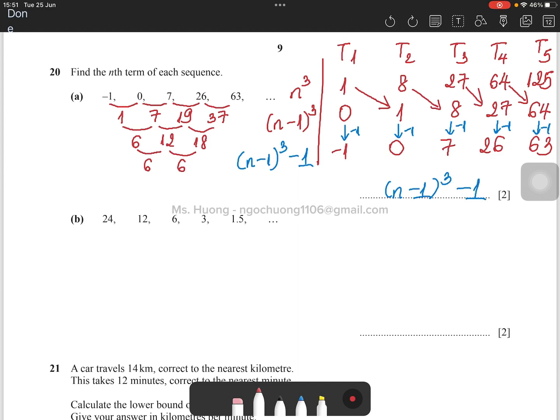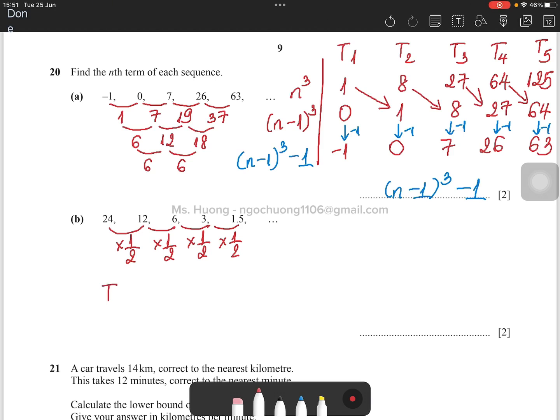B. 24, 12, 6, 3, 1.5. We see that the next number is always half of the previous number. 6 is half of 12. 3 is half of 6. 1.5 is half of 3. So this is an exponential sequence.